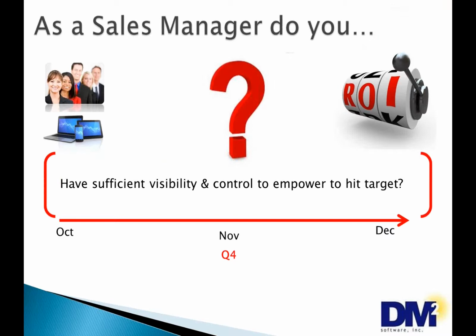You've invested that capital over a period of time. In this model, what we're looking at is, for example, Q4. In that interim, the question is, as a sales manager, do you have sufficient visibility and control to empower your sales team to hit target?